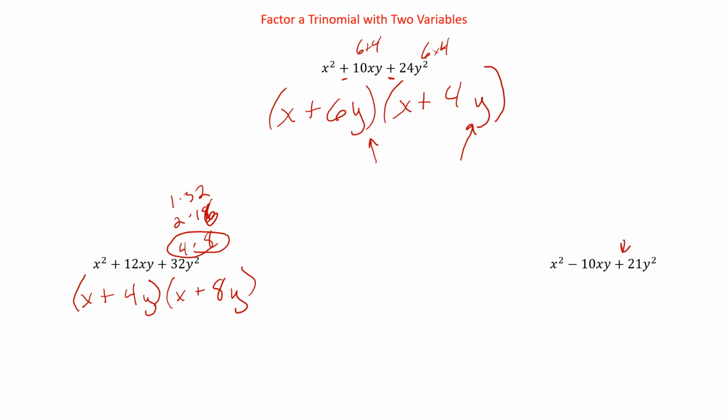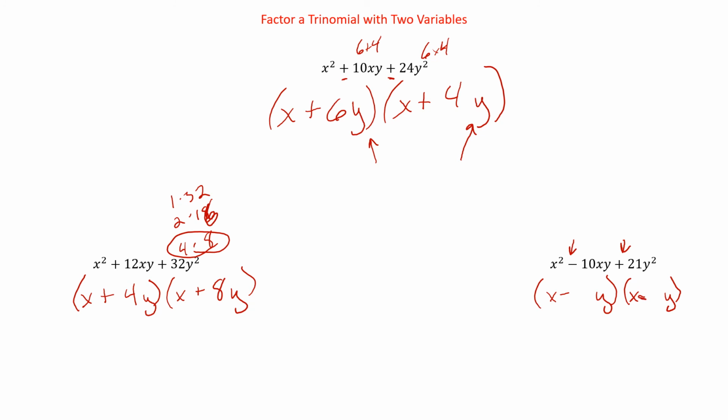This is a positive, so the signs are the same. That's a negative, so they're both negative. So we'll have an x minus something with a y, and an x minus something with a y. Both negative.